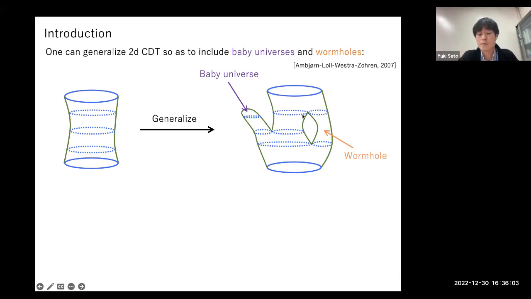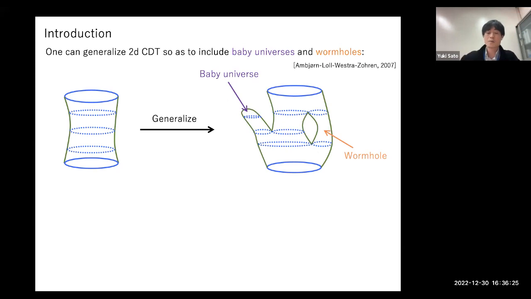The baby universe here means the configurations that are pinched off from the parent universe and vanish into the vacuum, like this picture. And the wormhole here is a sort of handle that connects two distant regions of the space-time.